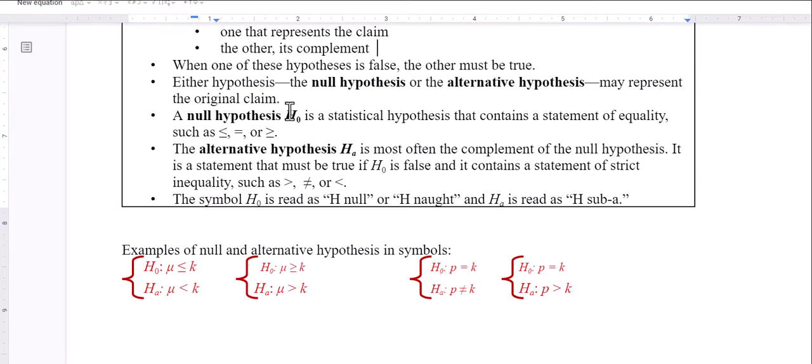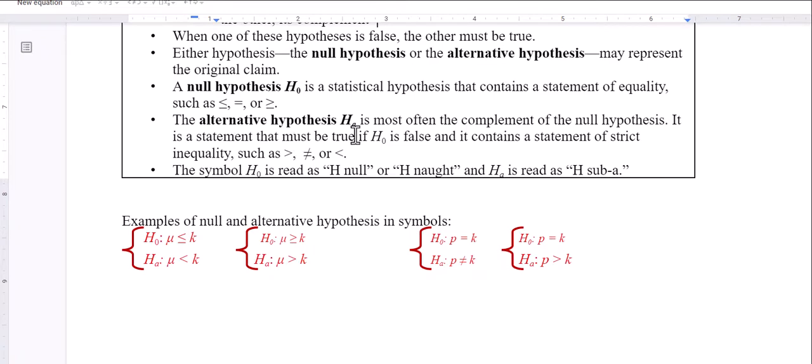The null hypothesis, denoted H null or sometimes pronounced H naught, is a statistical hypothesis that contains a statement of equality. So your null hypothesis always has either the less than or equal to, just plain equals, or greater than or equal to. The point is it always has some sort of equals, while the alternate hypothesis does not. So it's always going to have either the greater than, the less than, or the not equals.